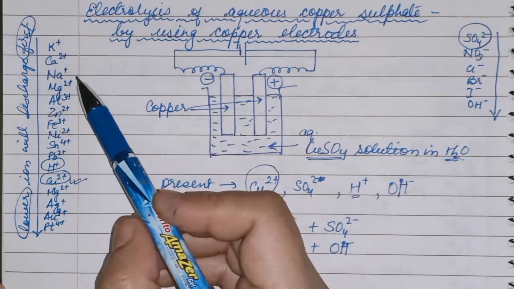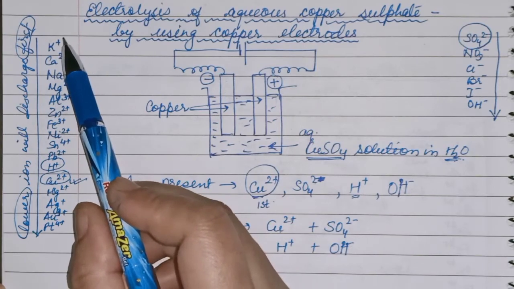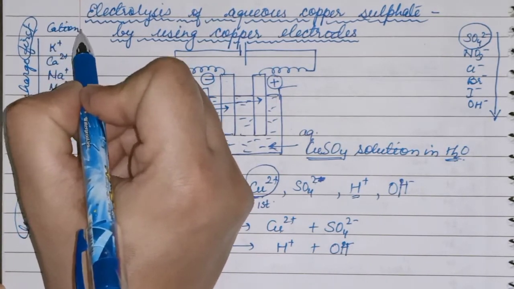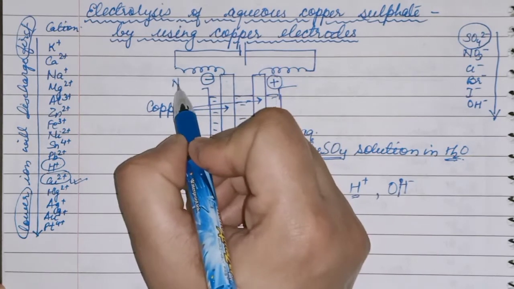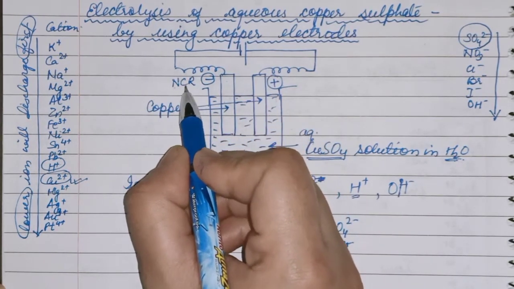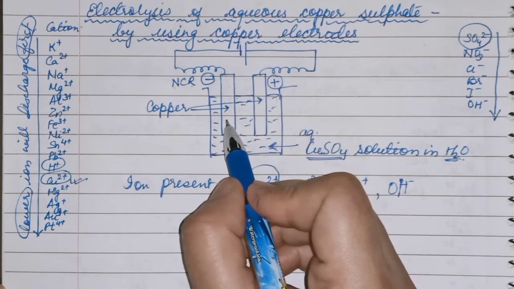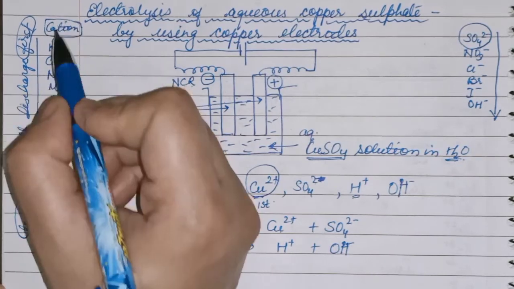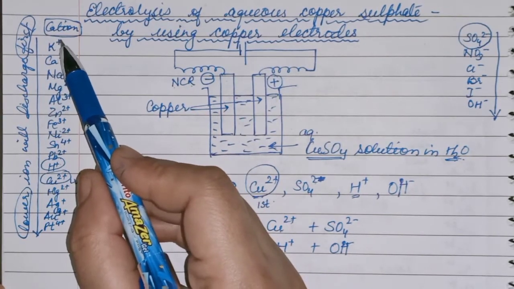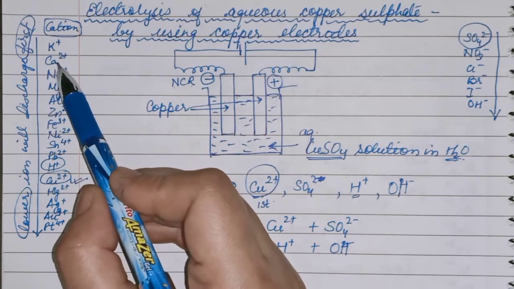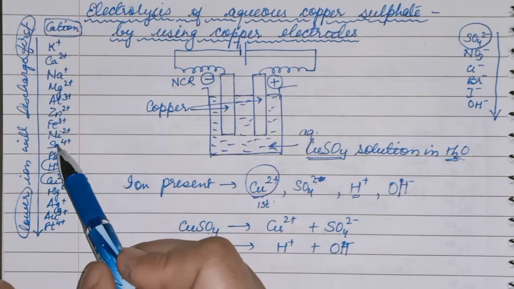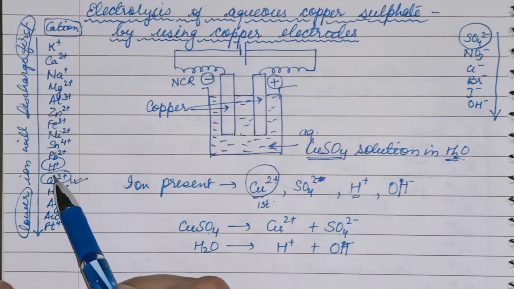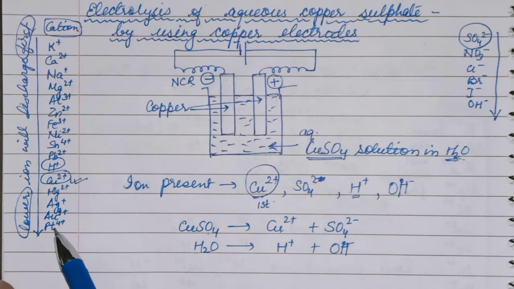Here, according to the electrochemical series for cations, because positive ions move towards the cathode, and the cathode is the negative electrode where reduction takes place, the ion moving toward the cathode is called a cation. The series is K+, Ca2+, Na+, Mg2+, Al3+, Zn2+, Fe3+, Ni2+, Sn4+, Pb2+, H+, Cu2+, Hg2+, Ag+, Au3+, Pt4+.